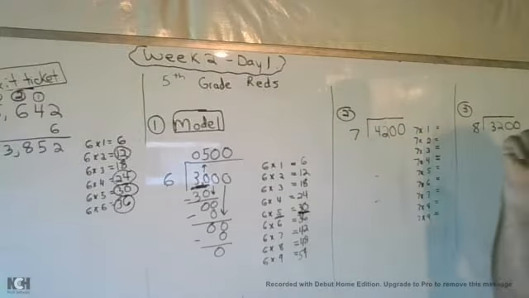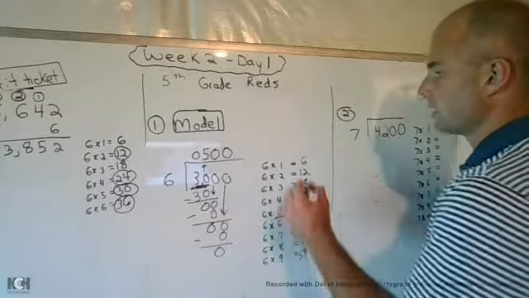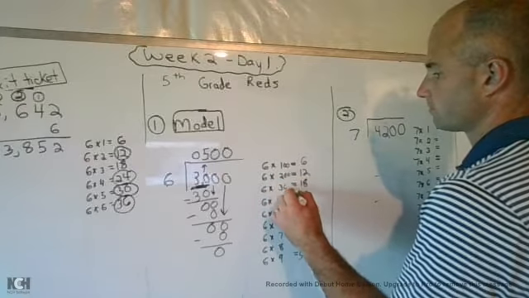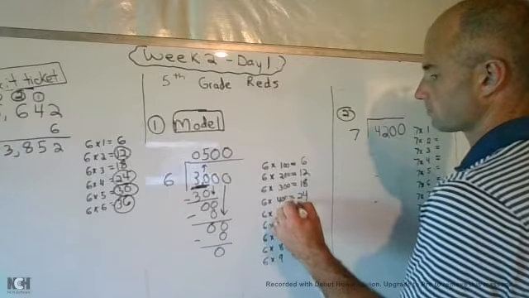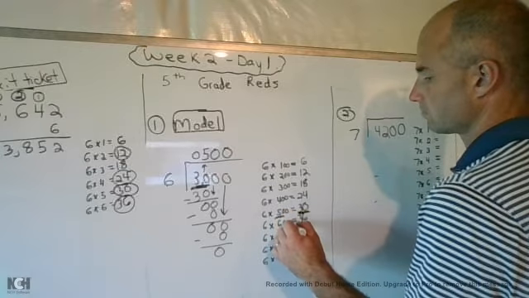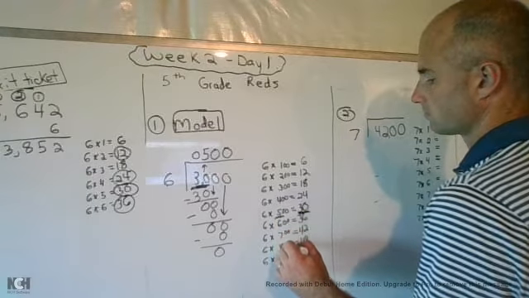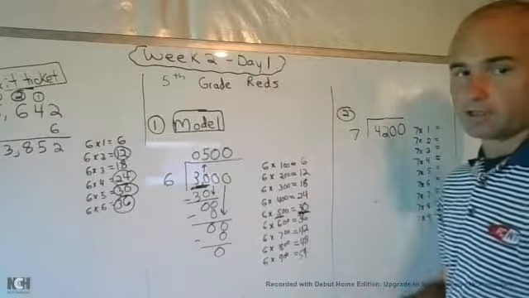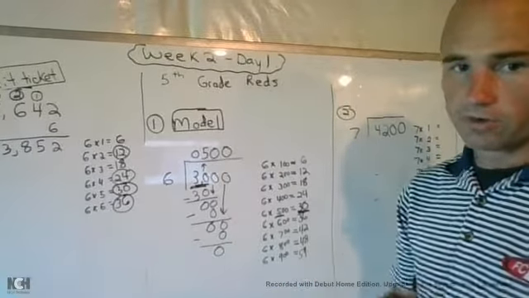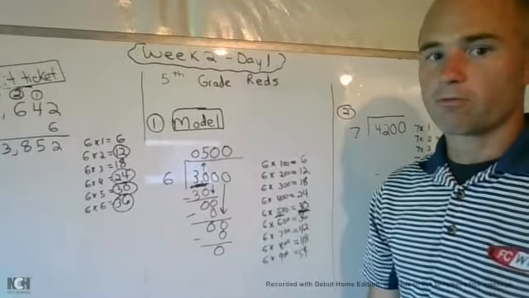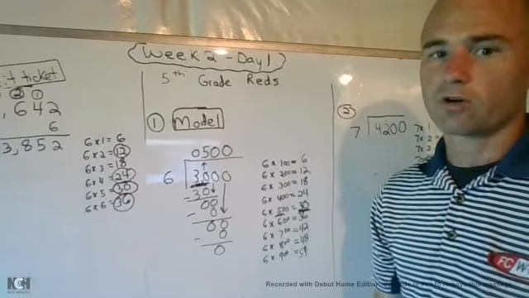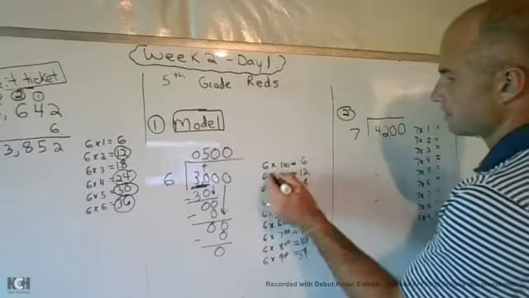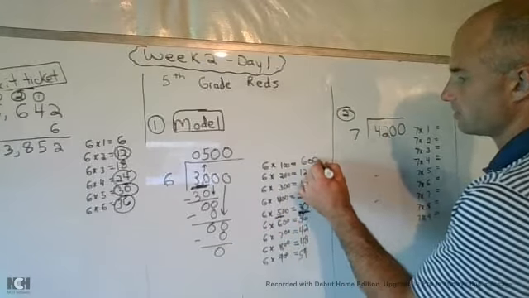Now, the other strategy you could have done is multiply each of these by hundreds. If you multiplied instead of by 1, 2, 3, 4, 5, 6, 7, 8, 9, but you multiplied by 100, 200, 300, 400, 500, then you would have gotten 6 times 100 equals 600.